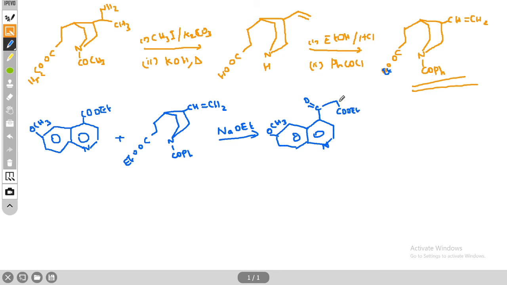The remaining portion is COOEt, COPh, then again this group, then CH=CH2.